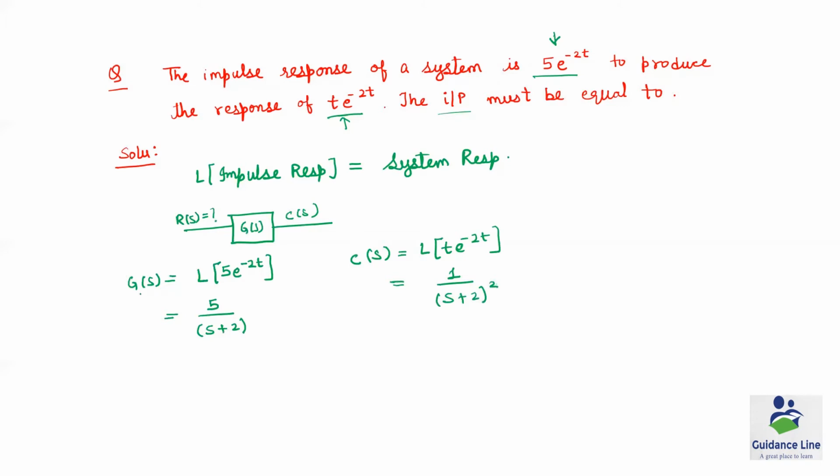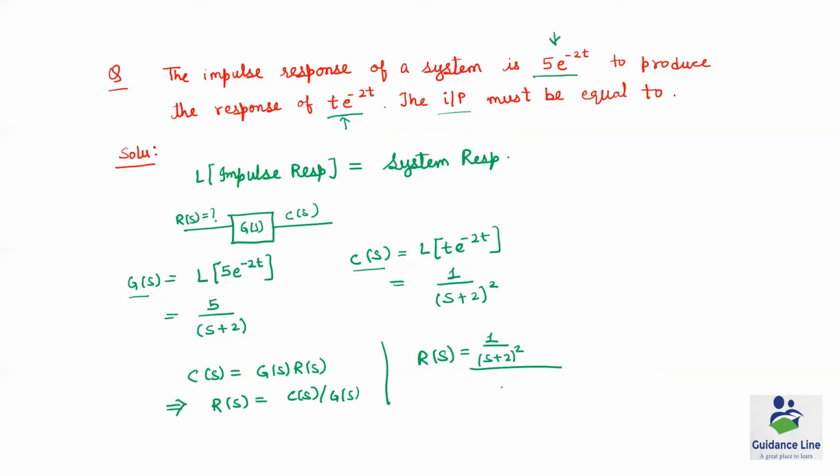So now we have the values of G(s) and C(s), and we need to evaluate R(s). We know C(s) is nothing but G(s) times R(s), so this implies R(s) is equal to C(s) divided by G(s). So I can simply write R(s) as 1 by (s+2)^2, whole divided by G(s), which is 5 divided by (s+2).